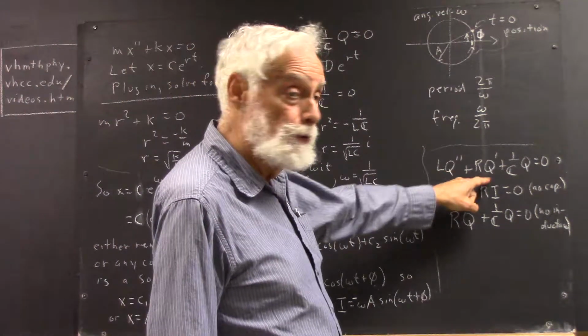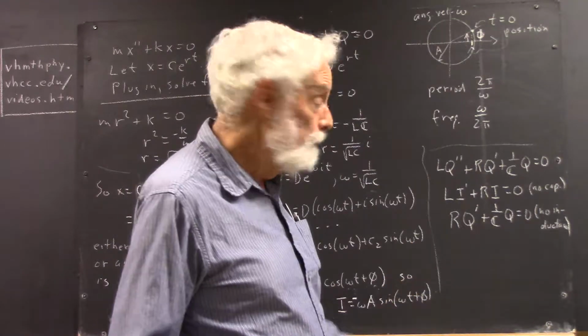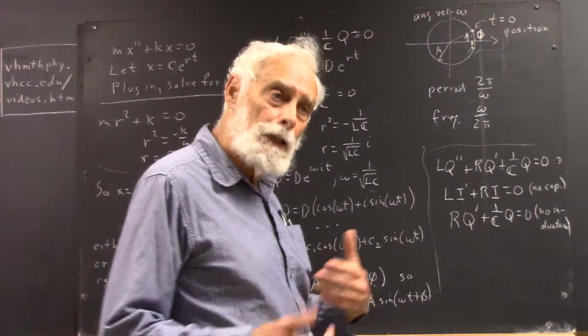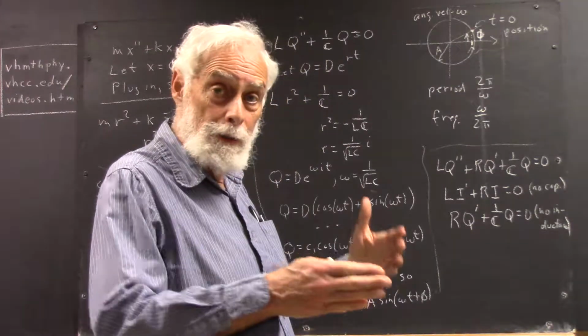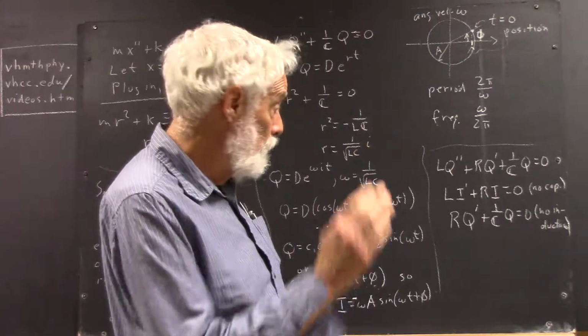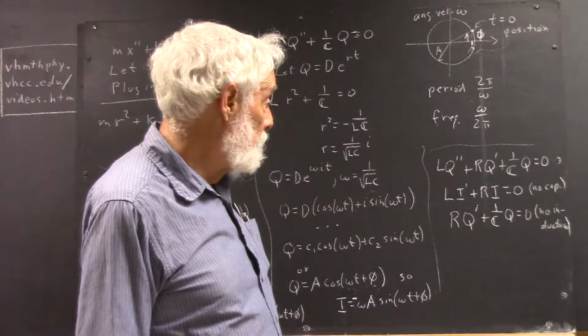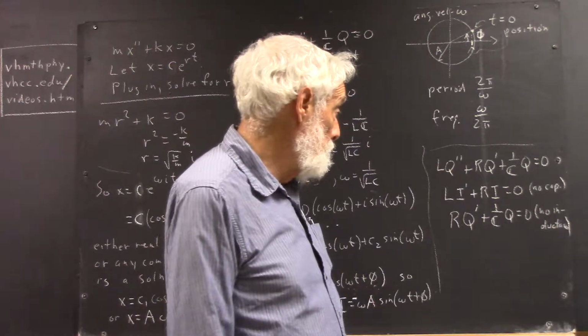We can put a resistance in this circuit, and of course the resistance is going to dissipate energy, just like in a mechanical system, drag. You know, a pendulum moving through air, the air is going to exert drag on it. You're going to have some energy lost because the string keeps flexing. So, yeah, you have that.